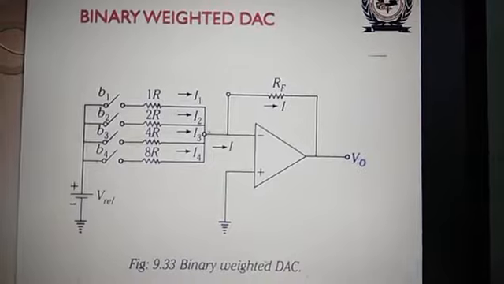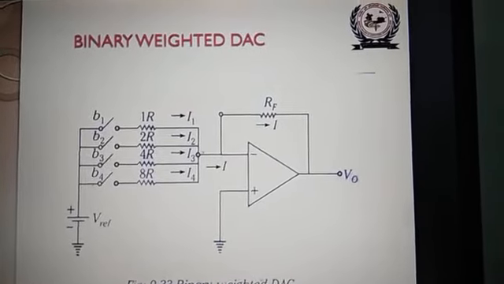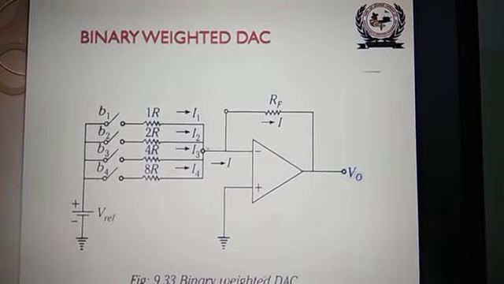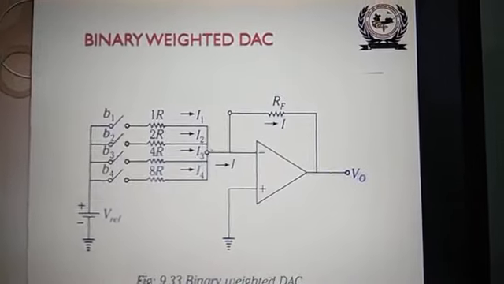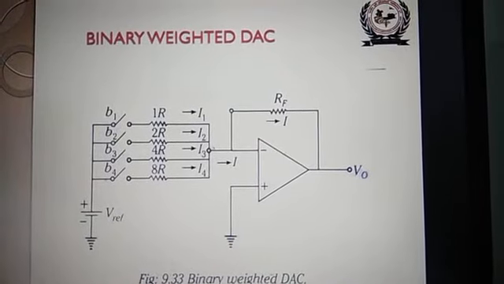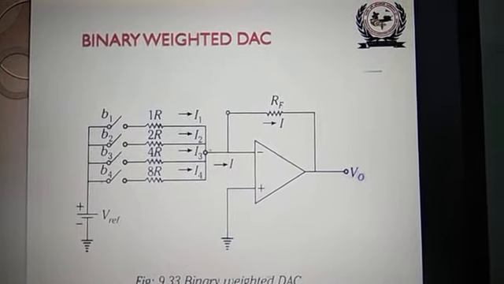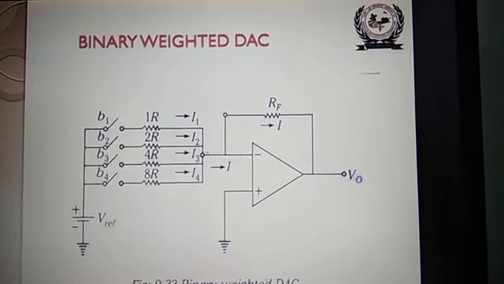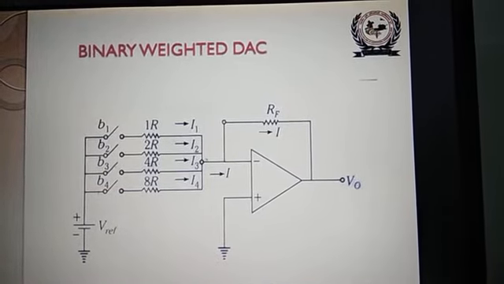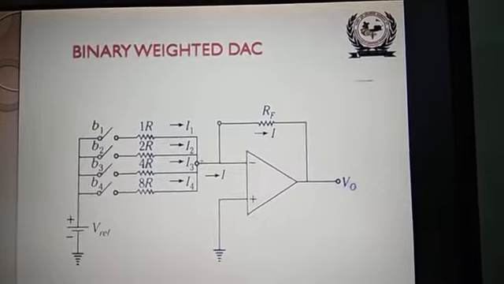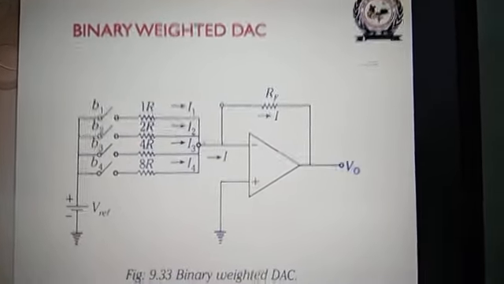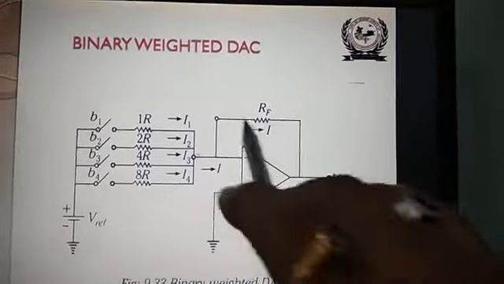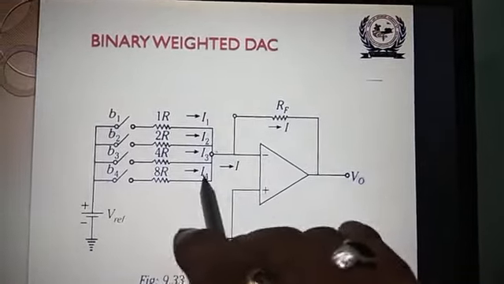Binary digit B1 is weighted through this resistance R. Binary digit B2 is weighted through this resistance 2R, and so on, and will produce the currents I1, I2, I3 and I4. Then the total current I will be flowing through the input, and the same current I is also flowing through this feedback resistance RF.